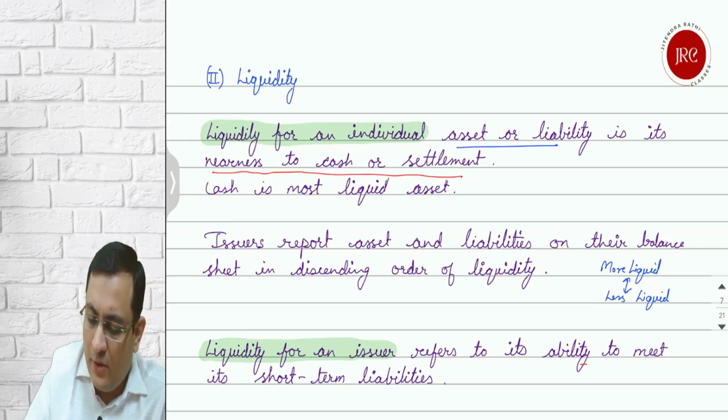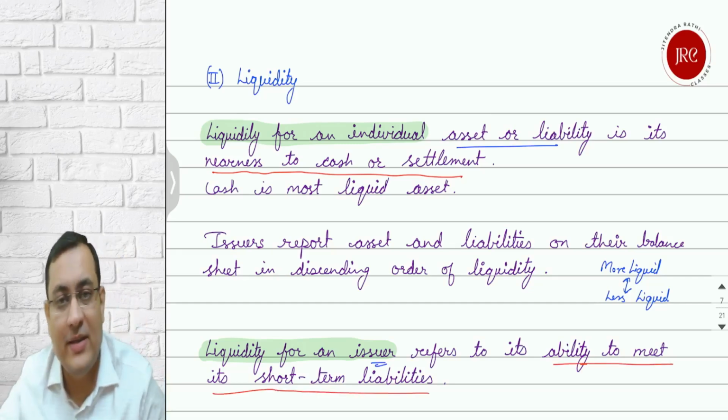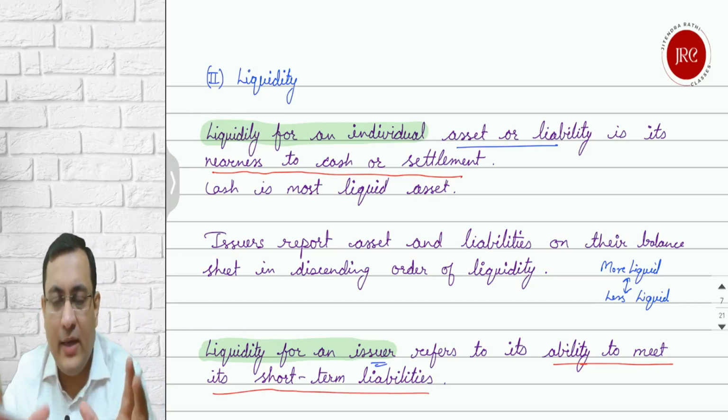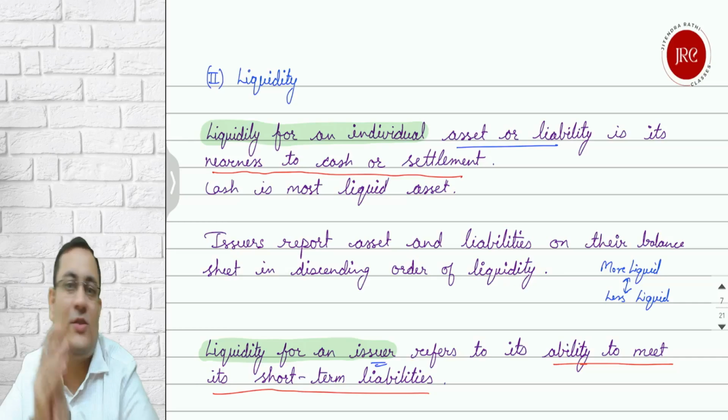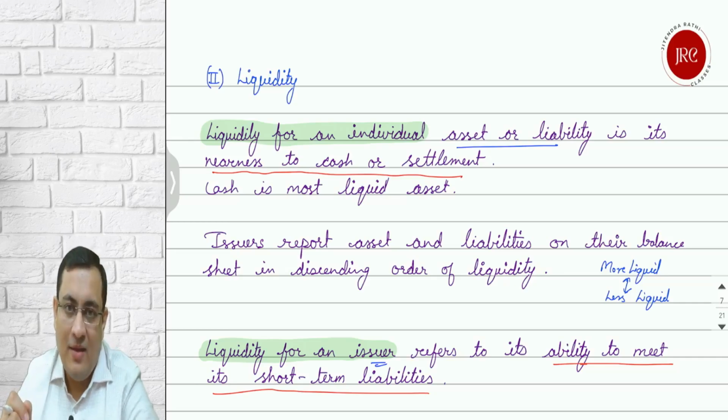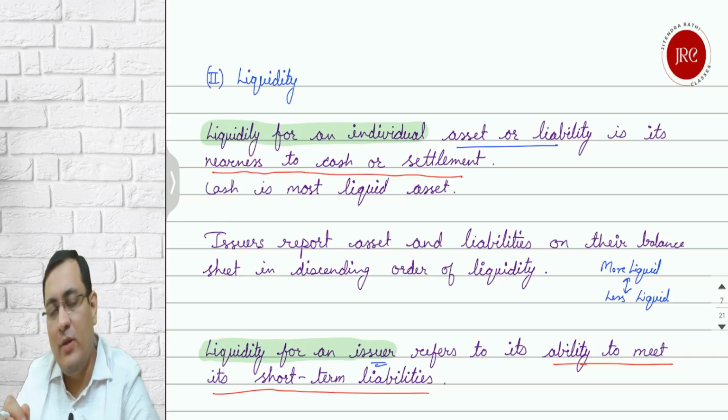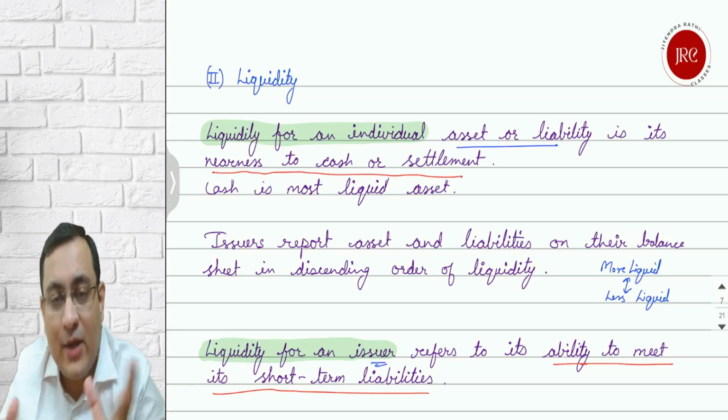From the issuer's point of view, it refers to the ability to meet its short-term liabilities. Whether the issuer will be able to pay off its short-term obligations or not. The issuer will be able to pay off its short-term obligations easily when they are holding liquid assets with them.